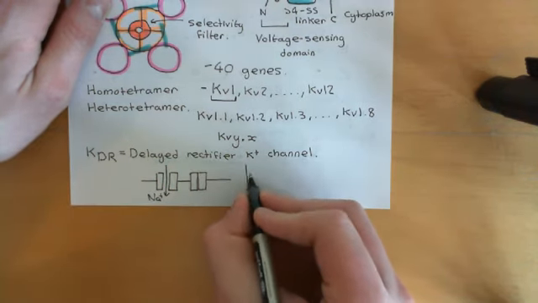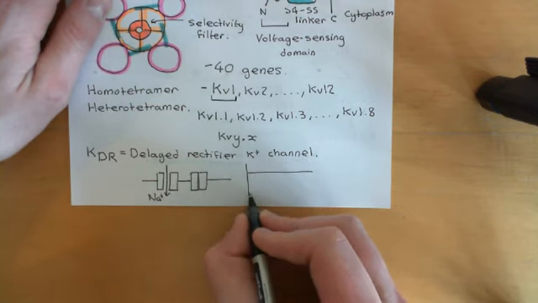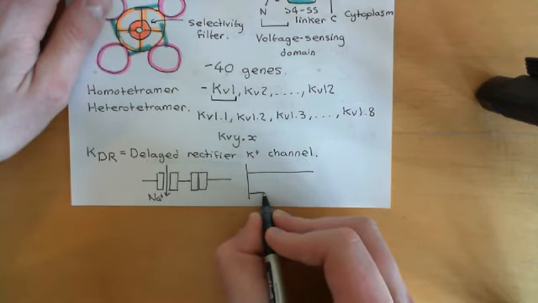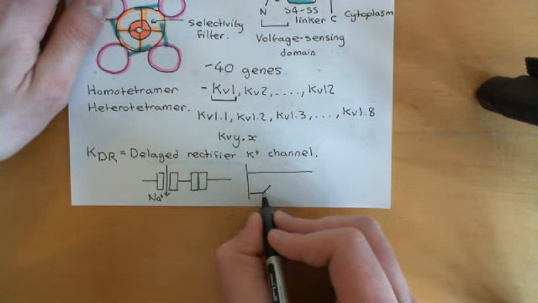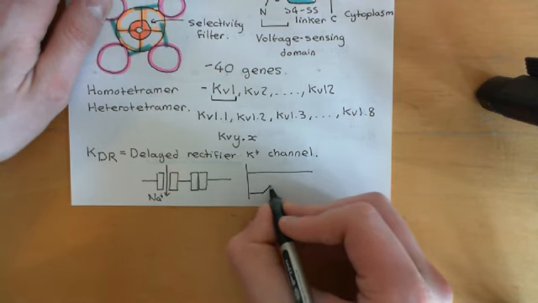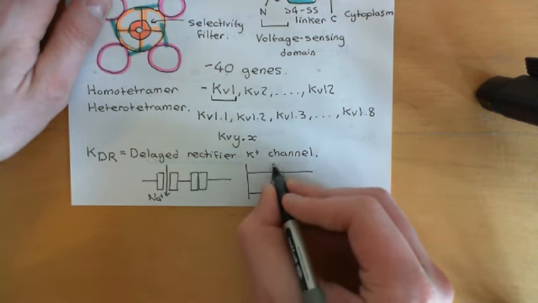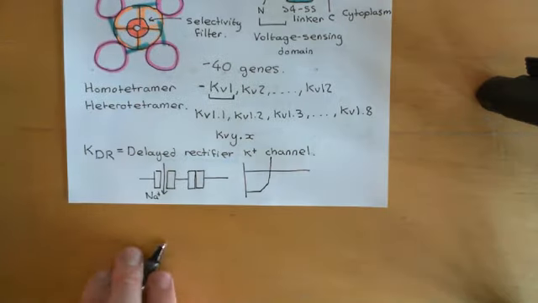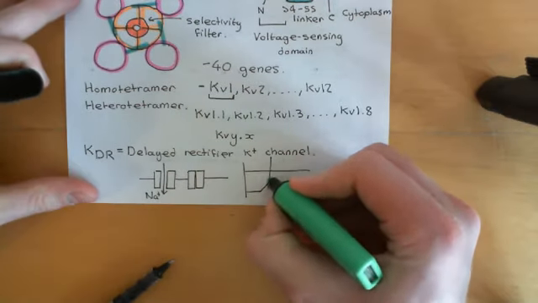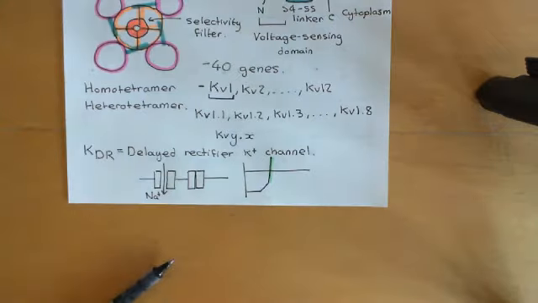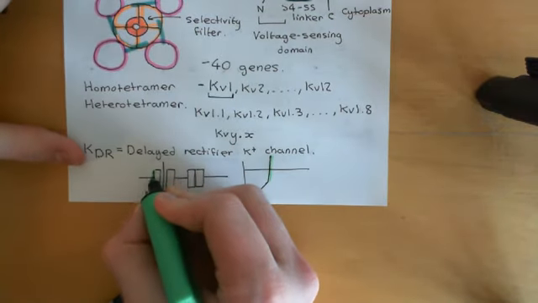So if I draw a little graph here, here is resting membrane potential. You then have your initial depolarization up to threshold potential, and then you open the voltage-gated sodium channels very quickly, and that causes the upstroke of the action potential.